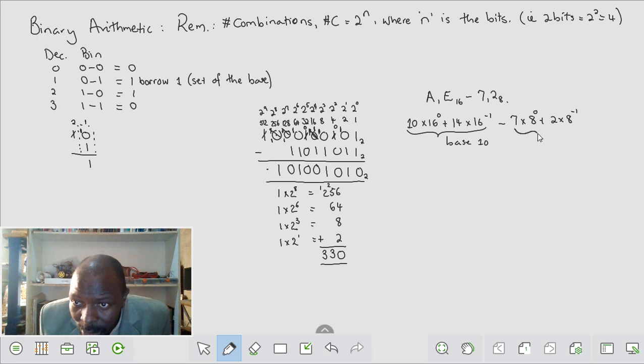And this here would also be base 10. And then you convert this to base 2, if they say do it in binary, or compute in binary.